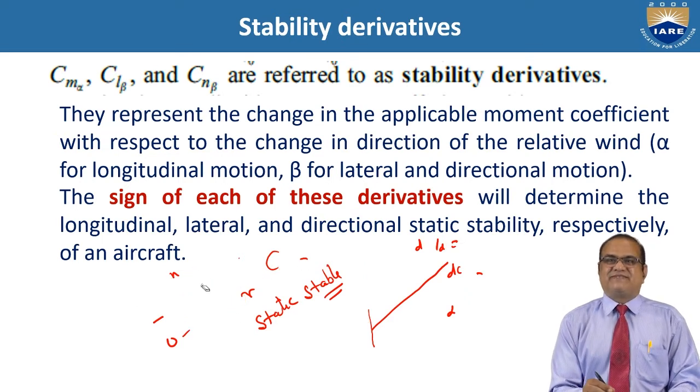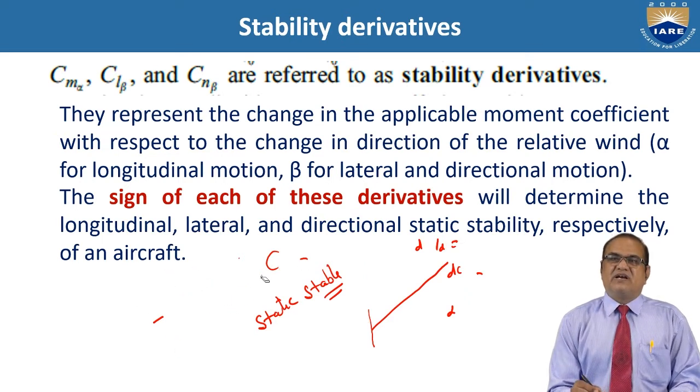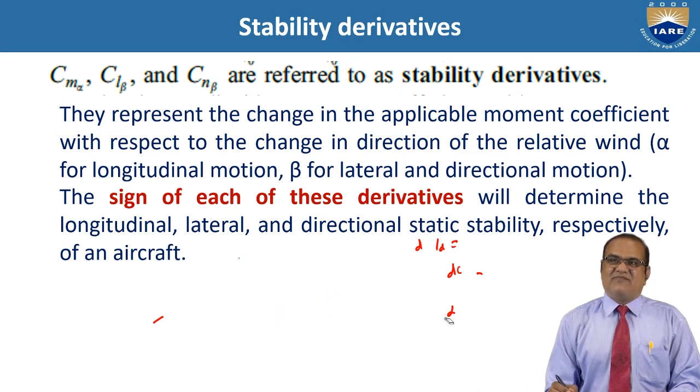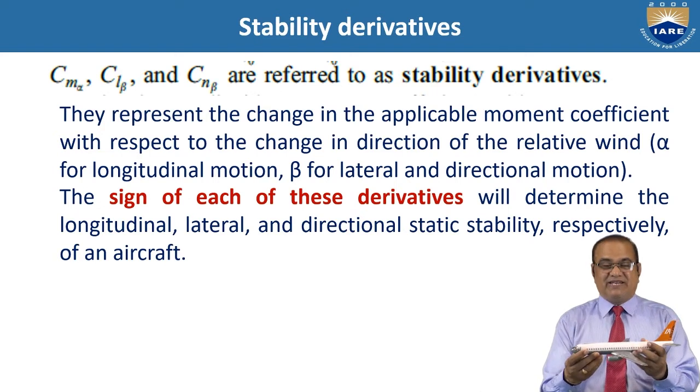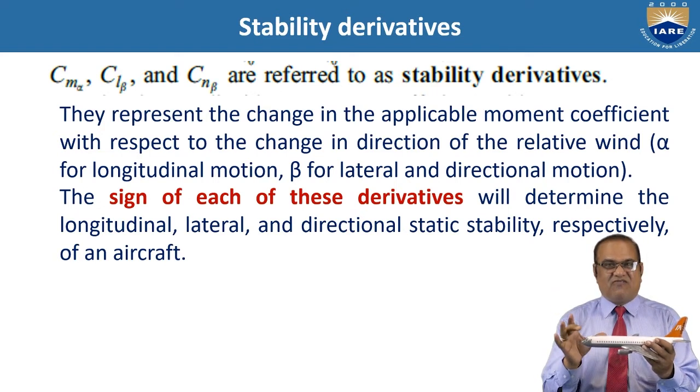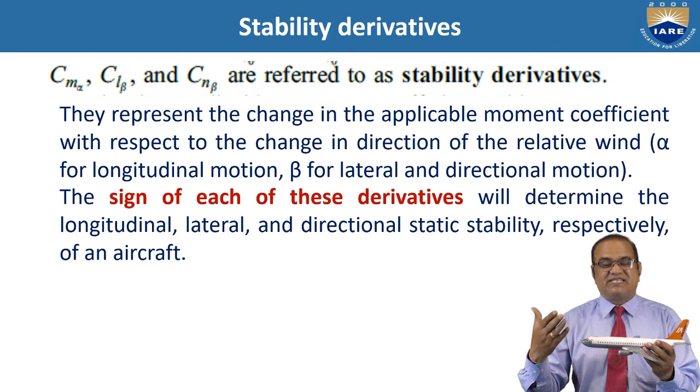You can see how this thing will happen in an aircraft. I have just now explained dCm by d alpha if it is 0.